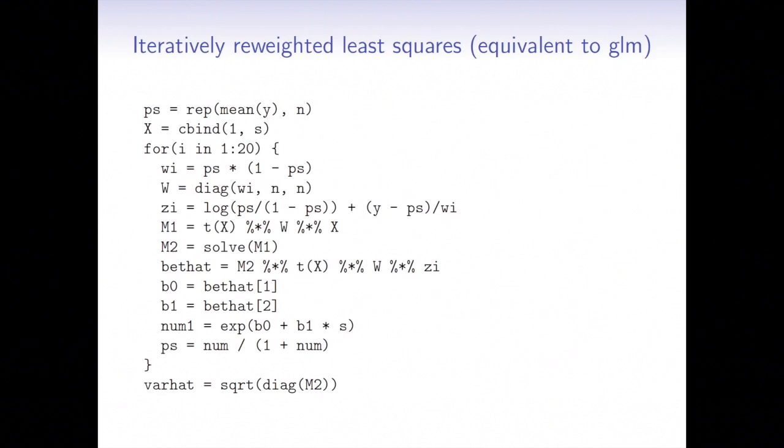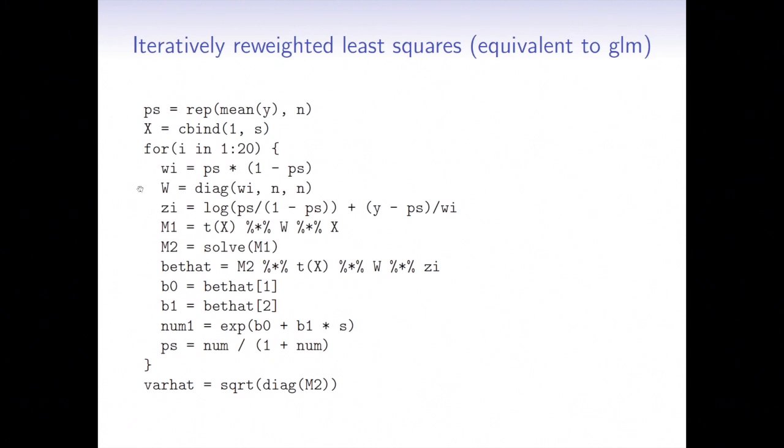So here I want to show how we can solve the logistic regression model using the iteratively reweighted least squares approach. I have to start with P somewhere, with my probabilities. So I just take the sample mean. And here for 20 iterations, and normally 20 is more than enough, I calculate my weights.